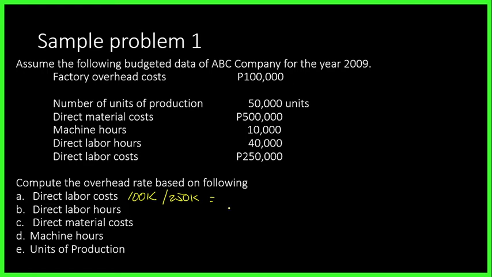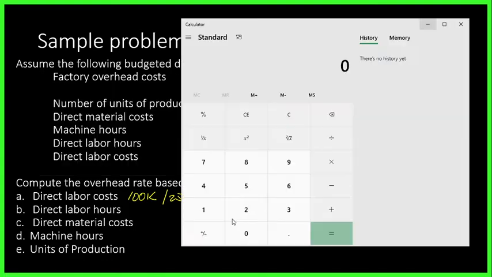This will be something like 20%. We have a calculator, so let's use it. Let's divide 100,000 by 250.